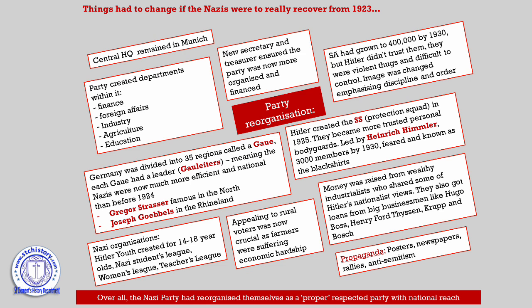I then think the Gauleiters probably should be in there. That's quite important because it's getting the Nazis' reach outside of Munich, showing them as a more serious party, not just one who's going to take power by force. And then, well, there's loads. Appealing to rural voters, the youth groups, trying to get them young, the propaganda, whatever. Maybe do your top three, top five, or even just rank them all from top to bottom. And then when you're ready, press play and we will carry on.